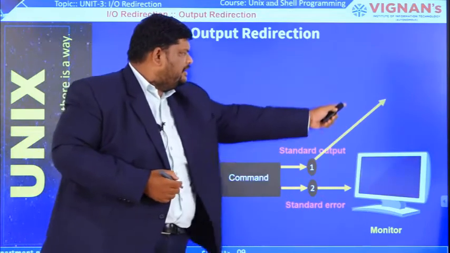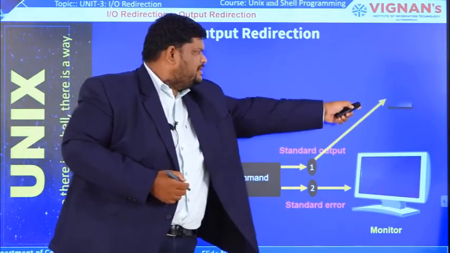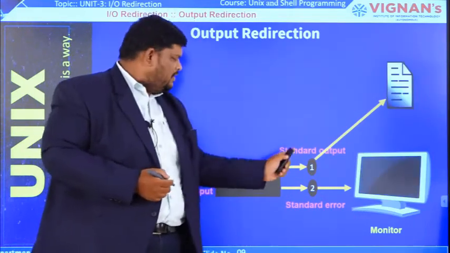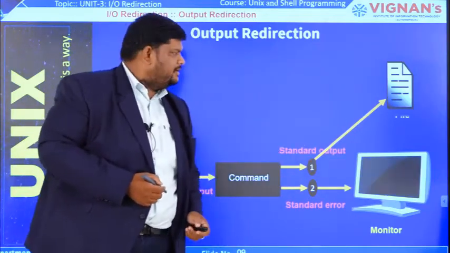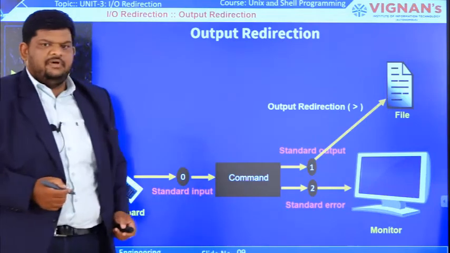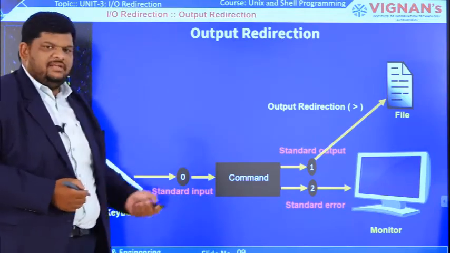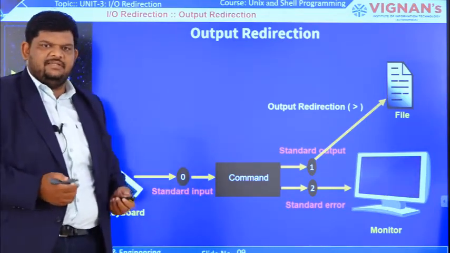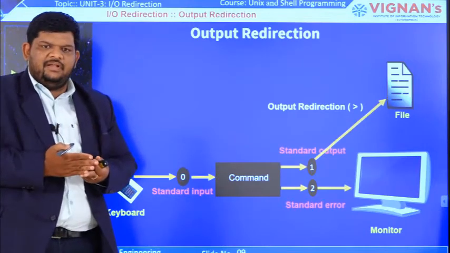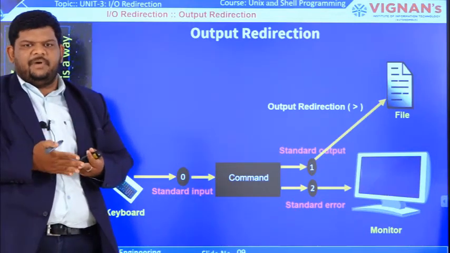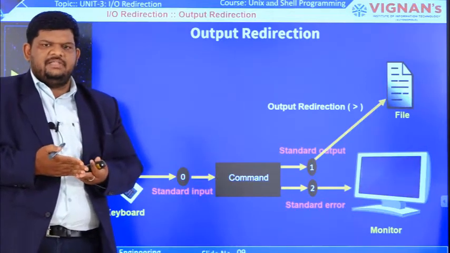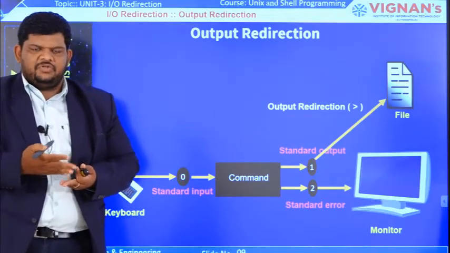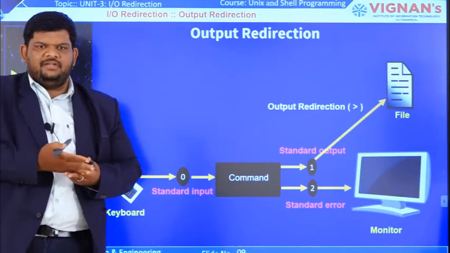Now we are redirecting: rather than sending the output to the monitor, we give a file as the location. So the output will be sent to the file, not to the monitor. This is known as output redirection. We saw three syntaxes: the greater than symbol, greater than with bar, which is the redirection operator, and two greater than symbols, which is append. Based on the requirement we can use any one of them.